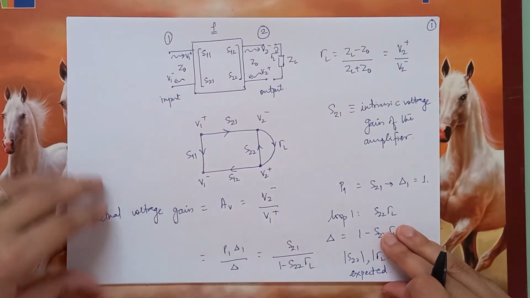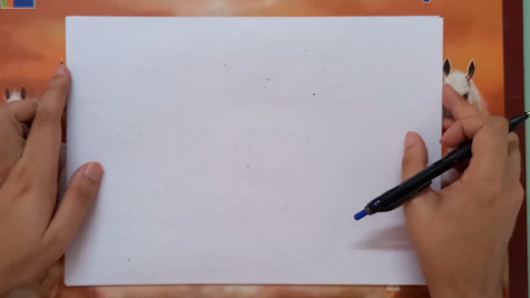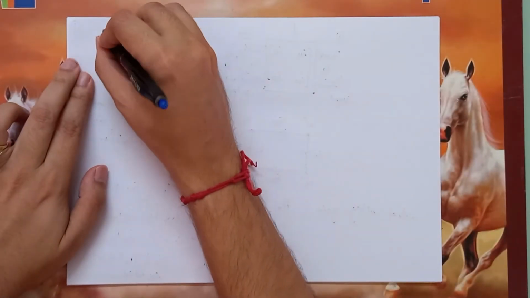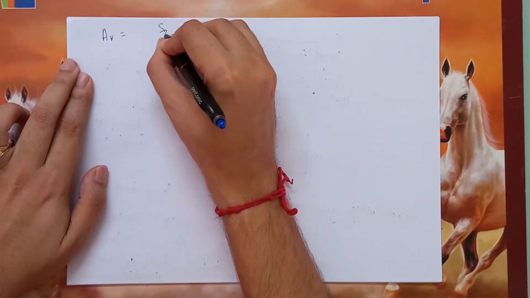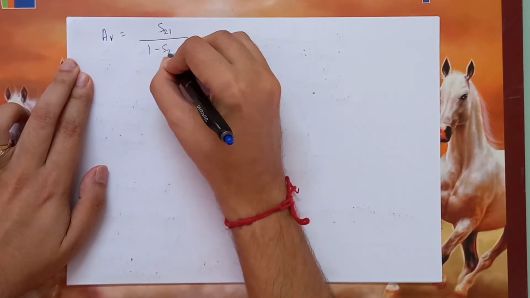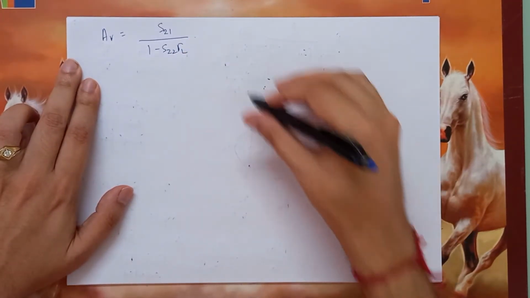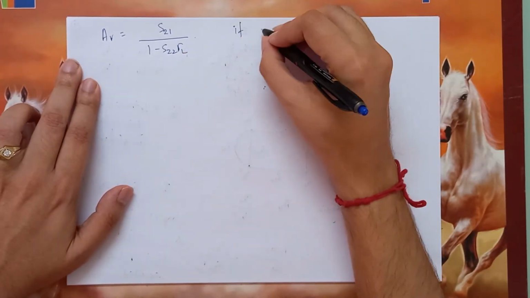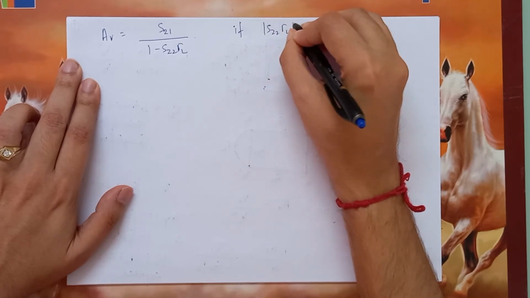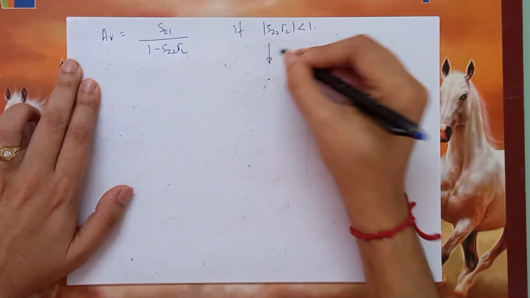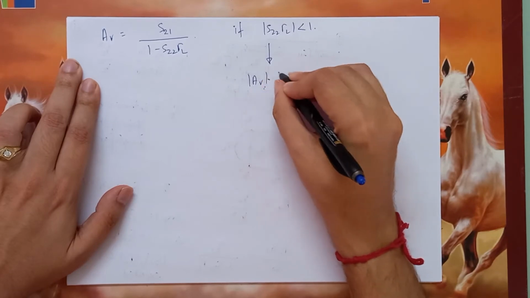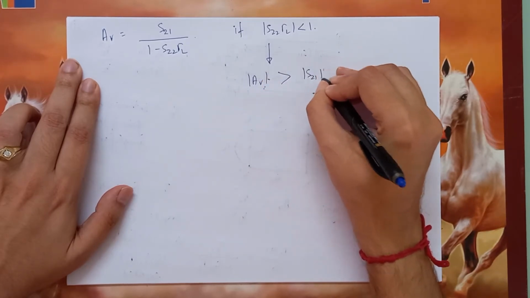So what will now happen is, we know that AV is S21 divided by 1 minus S22 times gamma L. So if the mod of S22 gamma L is less than 1, then what I can say, the mod of AV will definitely be more than the mod of S21.